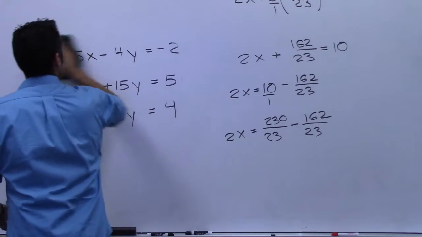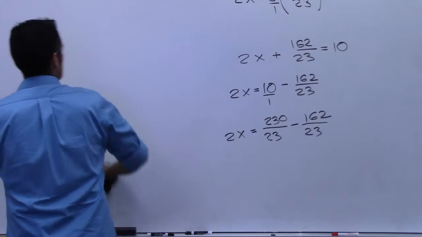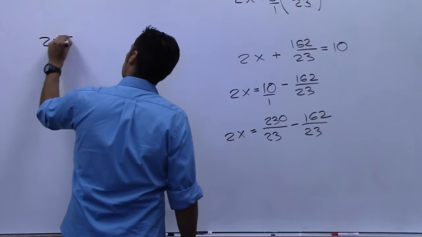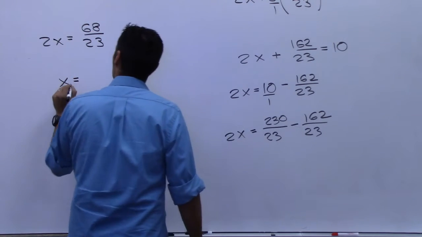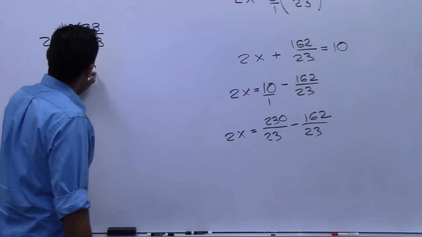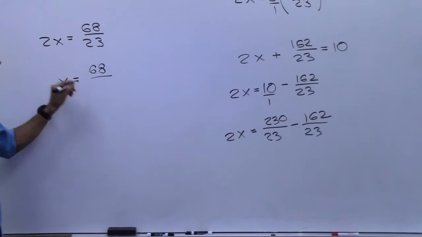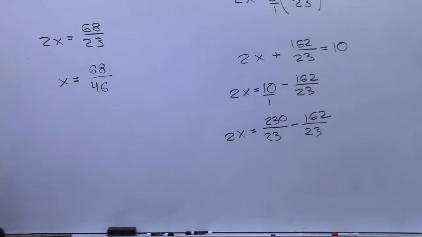So 2x equals 68 over 23, which means x equals 68 over 23, and I'm going to divide both sides by 2, so that's 68 over 46, and that reduces a little bit.